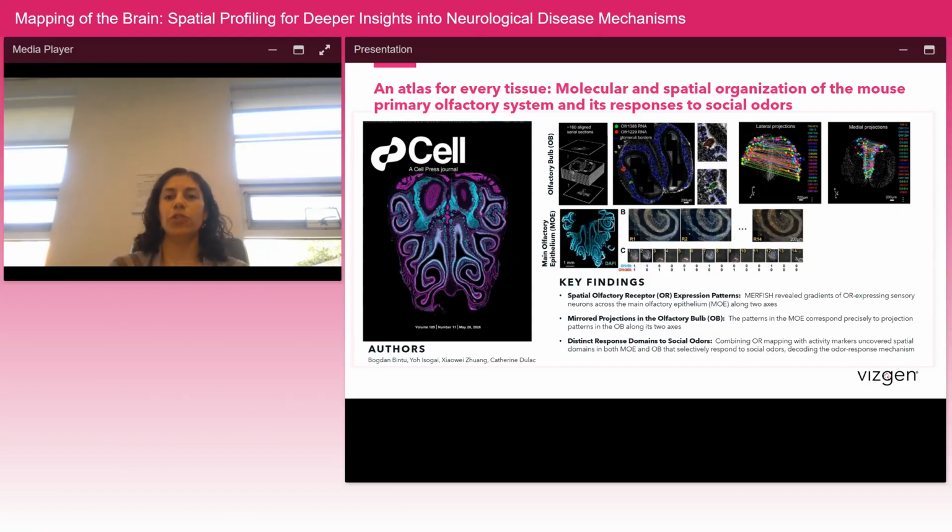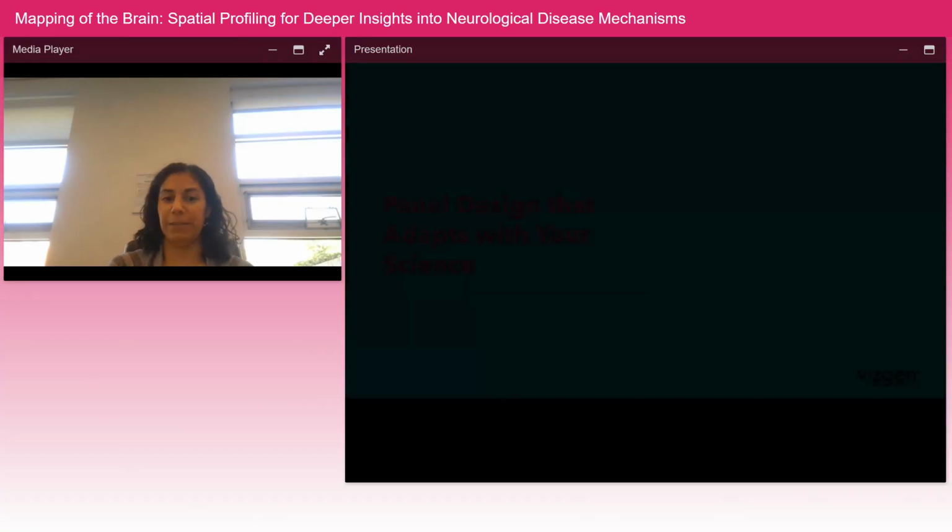And they were able to show that there's a really clear spatial pattern of the receptors in both regions that are basically mirror images of each other. And they were able to couple this with functional measurements to show certain odors lit up certain parts of the epithelium and the olfactory bulb. So really cool paper that really gives a detailed foundational model of how the olfactory system works and how it functions in response to actual scents.